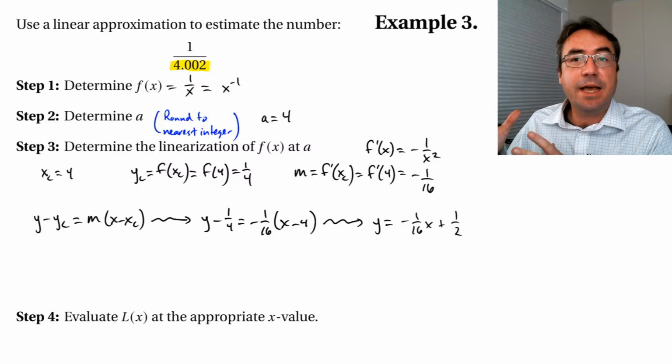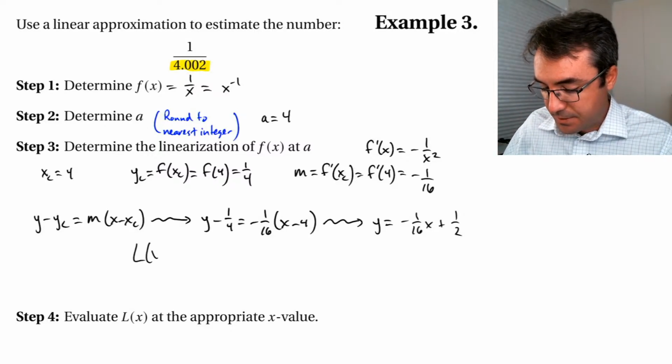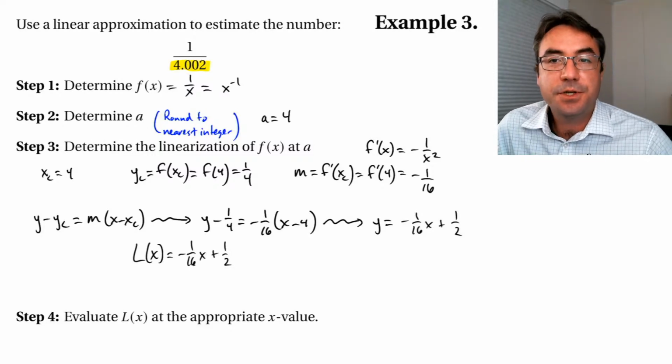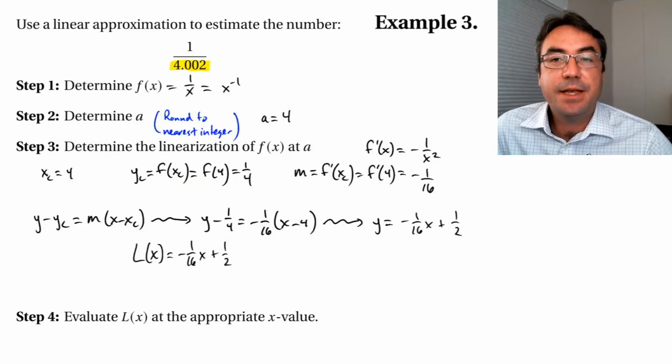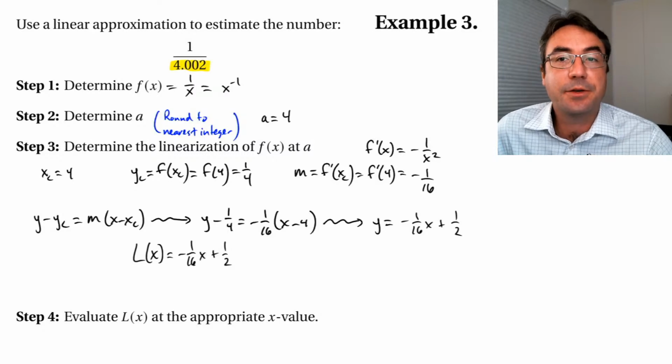And that right-hand side, that's our linearization. So L of x is negative 1 over 16x plus 1/2. And so in order to get the approximation, the last step then is to evaluate that linearization at an appropriate x value.